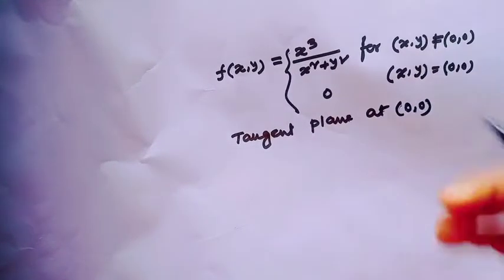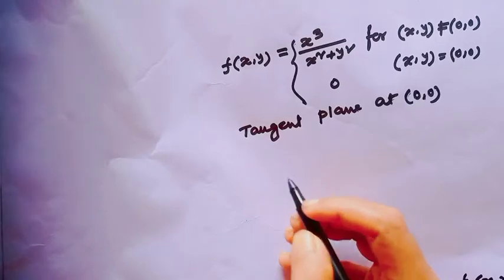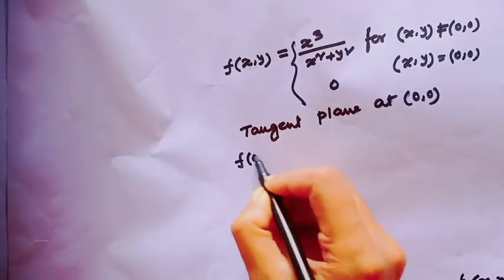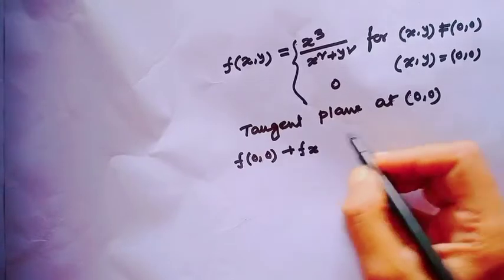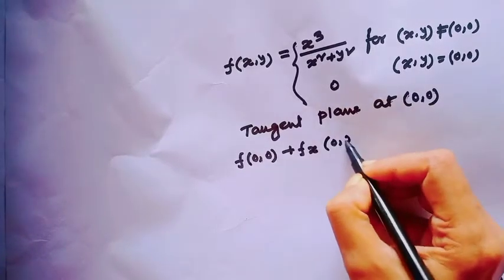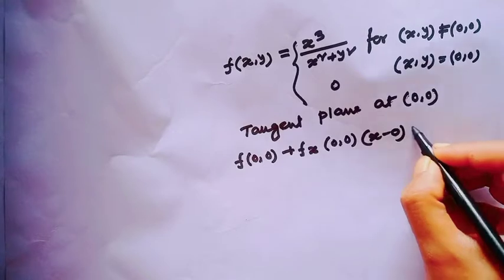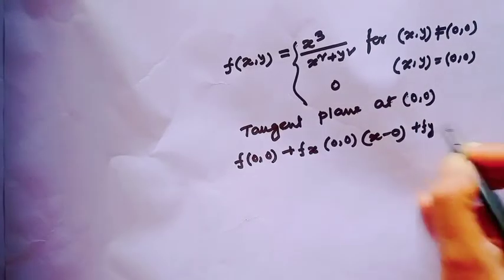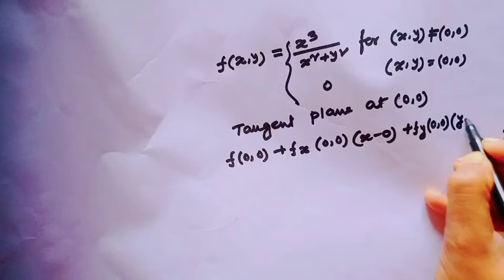The equation of the tangent plane at the point (0, 0) equals f(0, 0) plus the partial derivative with respect to x at (0, 0) times (x minus 0) plus the partial derivative with respect to y at (0, 0) times (y minus 0).